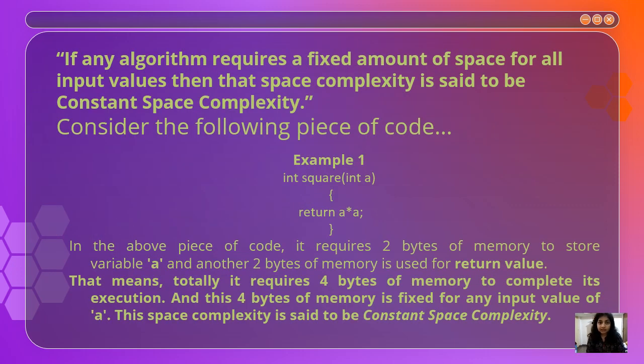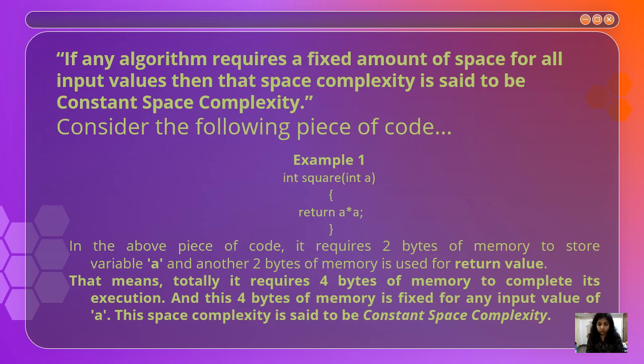If any algorithm consumes a fixed amount of space for all the input values, then that space complexity is said to be constant space complexity. Let us have a simple example to understand this concept. The function of squaring a number has been created here, where the function is passed with the parameter integer a and it performs the task of squaring a number.